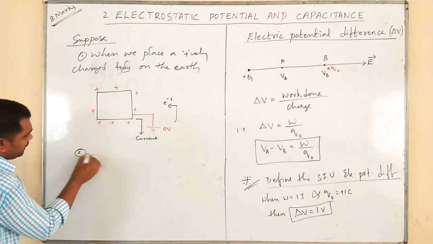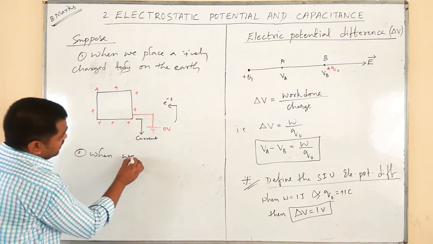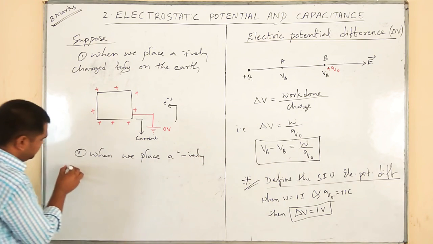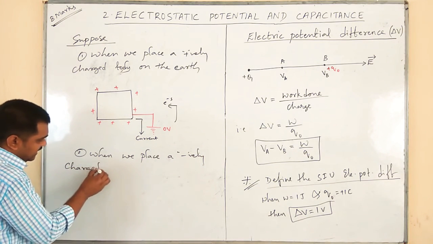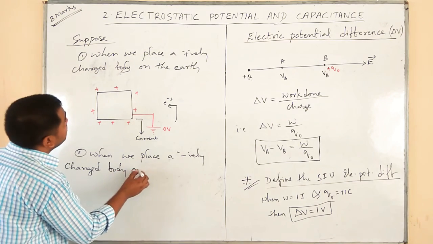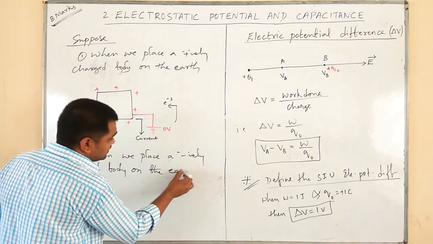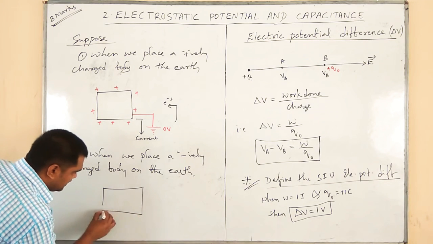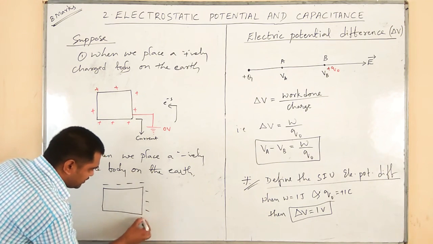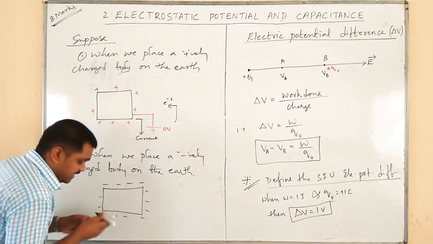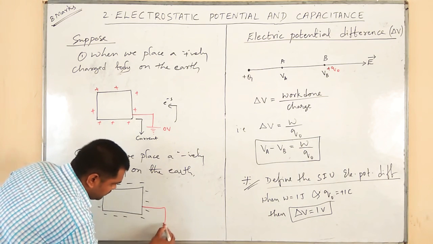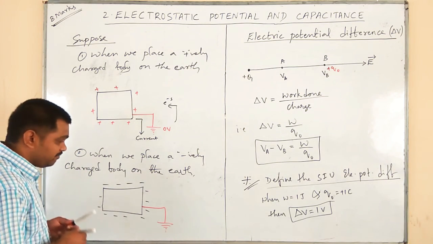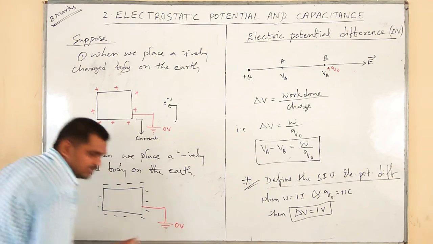Similarly, when we place a negatively charged body on the earth, what happens? Let us take a negatively charged body and let us connect it to the earth. It means we are placing that object on the earth. Now, its potential is 0 volt.